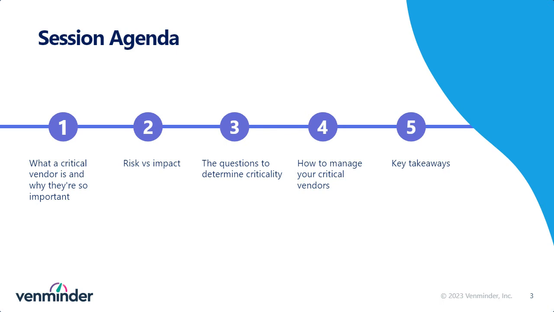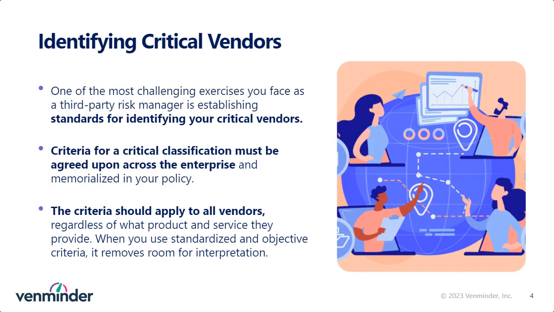When it comes to identifying your critical vendors, this is going to be one of the most challenging things that any third-party risk management program goes through. First of all, because you have to identify the standards and criteria that will make a vendor qualified to be considered as critical, right?